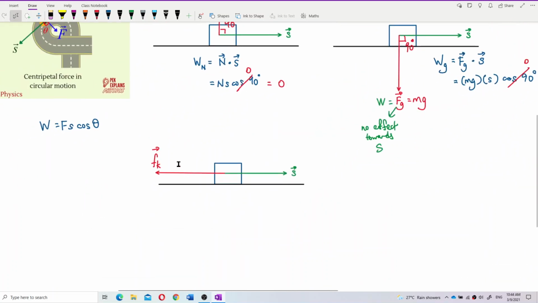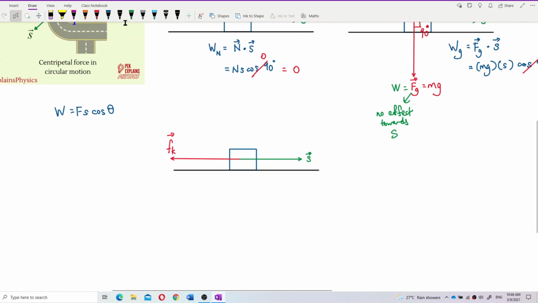Now, how about the friction? Work done by friction. Let's calculate. For work done by friction, we use the frictional force dot with displacement. So friction has a cosine.